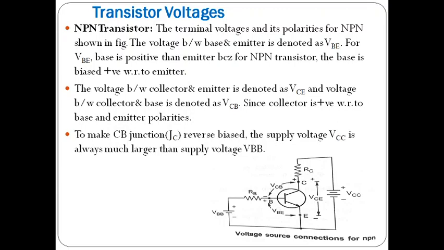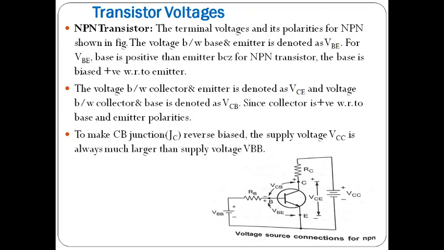And coming to the collector, the potential between the collector and emitter is VCE. Here the collector is n-type material, but we are applying the positive potential to the collector. Why? Because it is reverse bias.